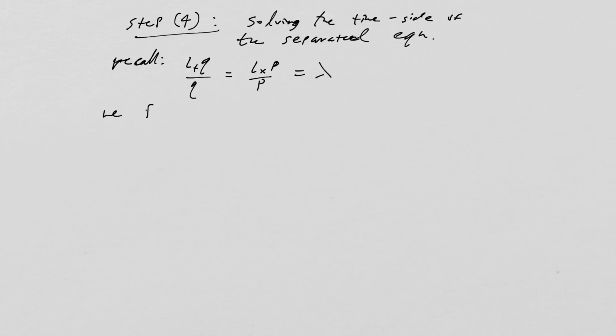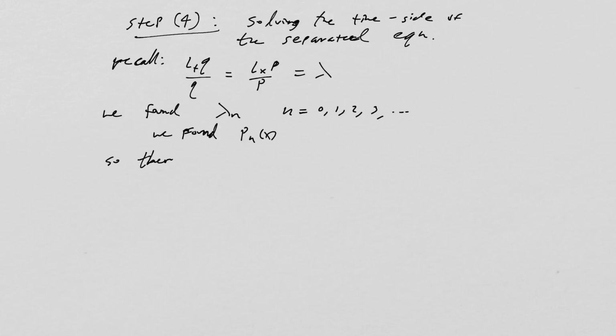We found lambda n, where n goes from wherever it starts. I'll start here at 0, 1, 2, 3, and goes up forever. And then we also found Pn of x that goes with it.